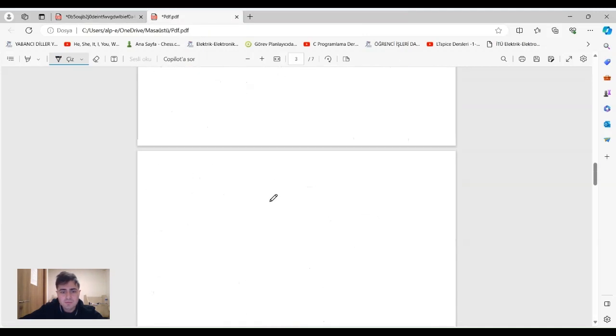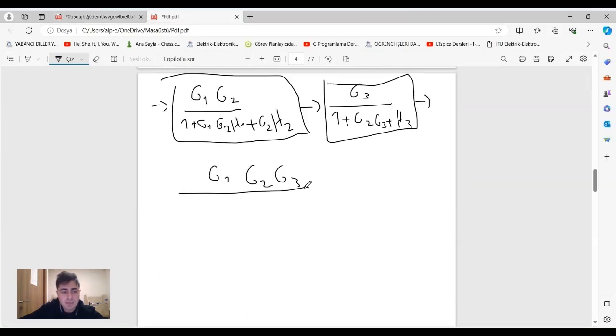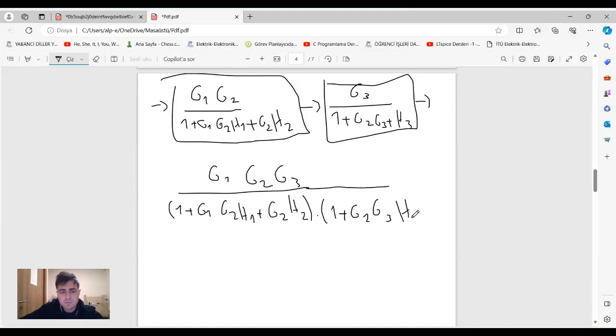That's why we write this and over, and then we only do that to write the delta, and also 1 plus G1 G2 H1 plus G3 G2 H2 times 1 plus G2 G3 H2.